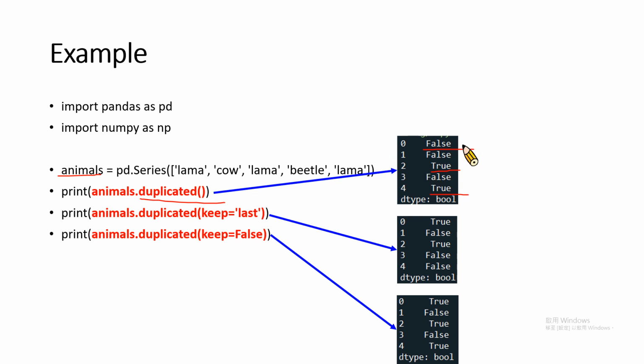Cow and beetles are not duplicate values, so the results are false.